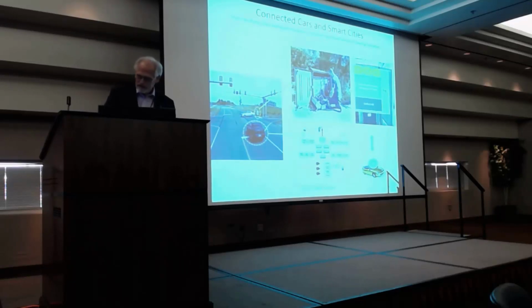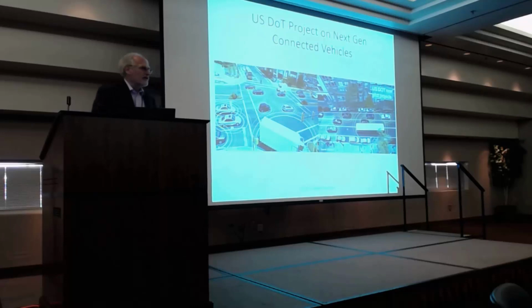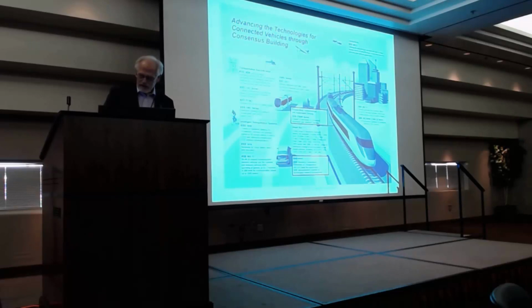And there are projects going on here at the U.S. Department of Transportation where they're looking at next generation connected vehicles. And these yellow things are supposed to be radio waves. And so they're communicating with each other and with local infrastructure to make decisions. And IEEE is involved, especially in wireless communication technologies. IEEE is involved in many of the standards around this, especially those related to 802 type standards, but others as well.